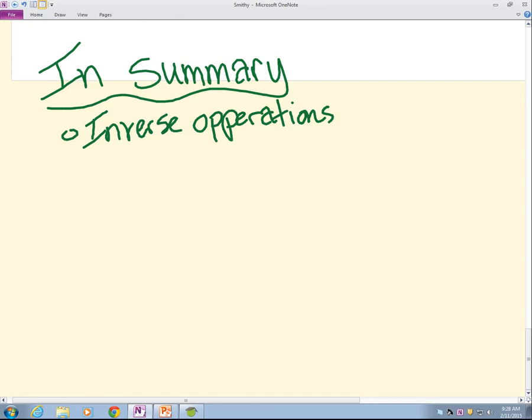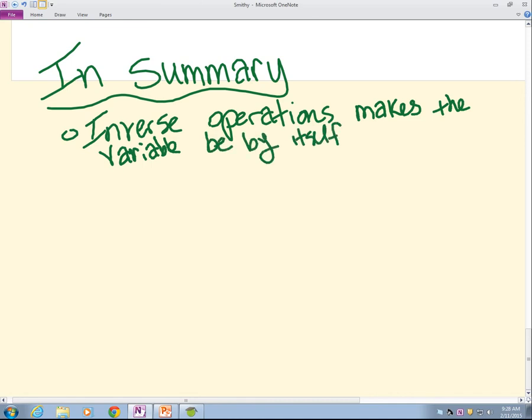Inverse operations. Oh, yeah, I thought I spelled that wrong. Inverse operations makes the variable be by itself. Thank you, sir. Inverse operations makes a variable by itself.